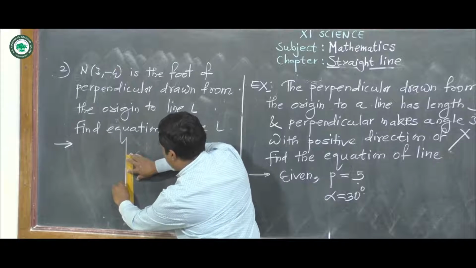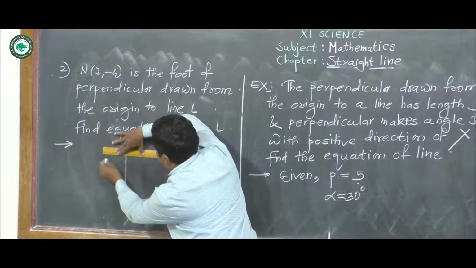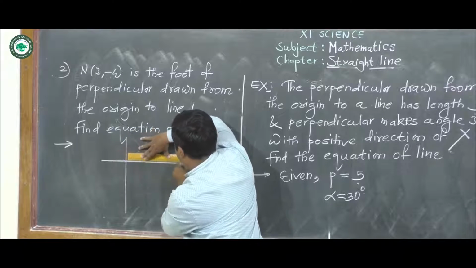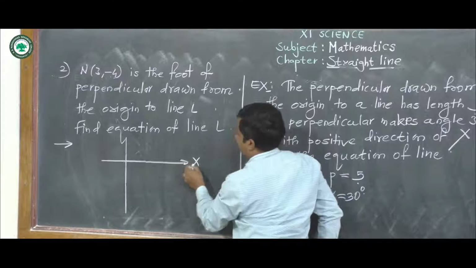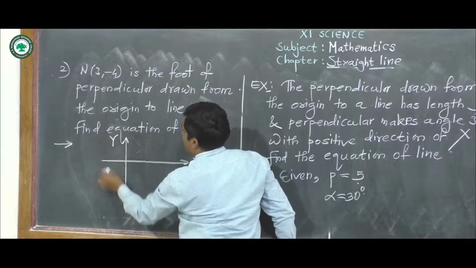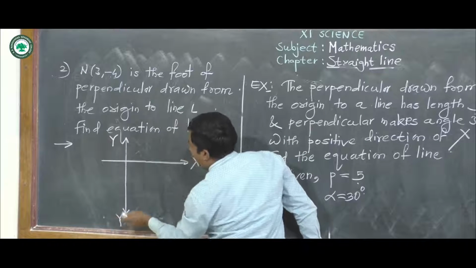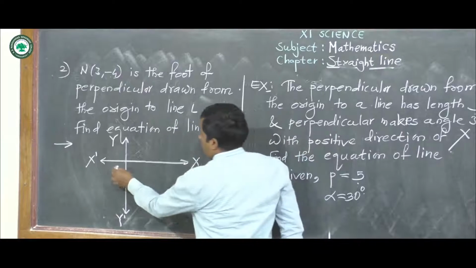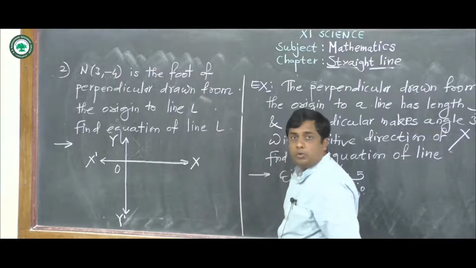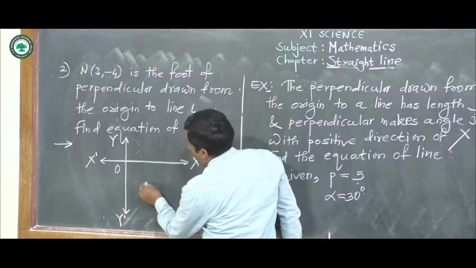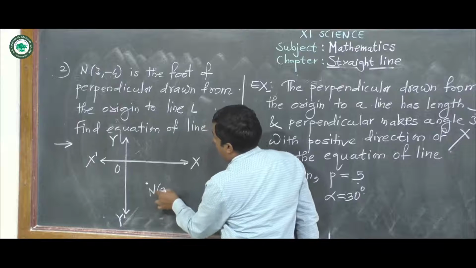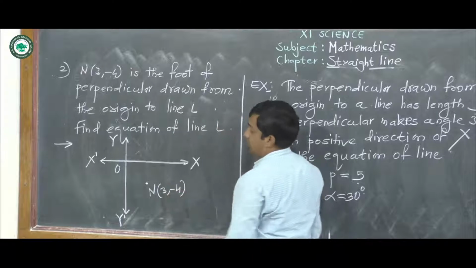So we consider fourth quadrant here. This is our x-axis. Here is y-axis. This is negative side of y-axis. Here is negative side of x-axis. Here origin is at O. Suppose here our foot of perpendicular N is given and is having coordinates 3, minus 4.